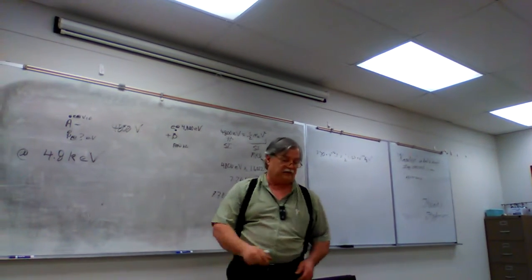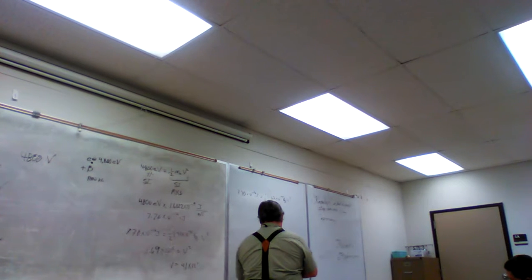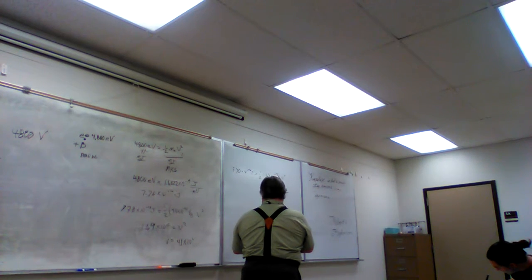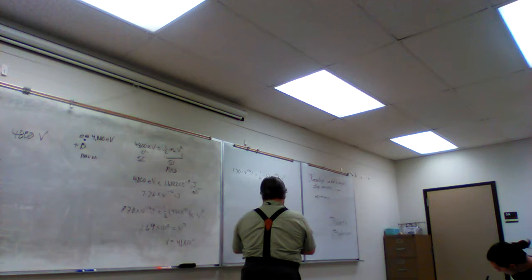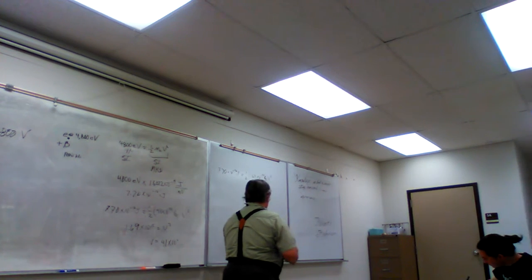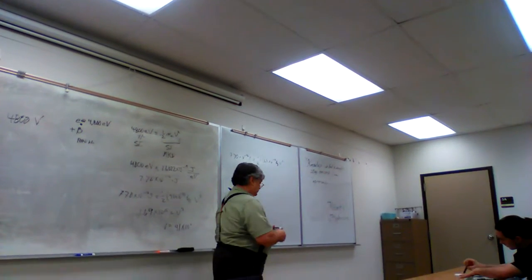If we solve this one, we go 7.70 e to the minus 16 times 2 divided by 1.67 times 10 to the minus 27, which gets us to 9.222 times 10 to the 11.